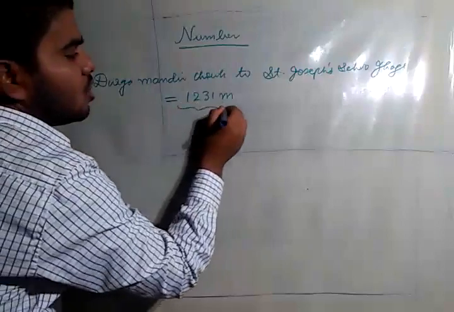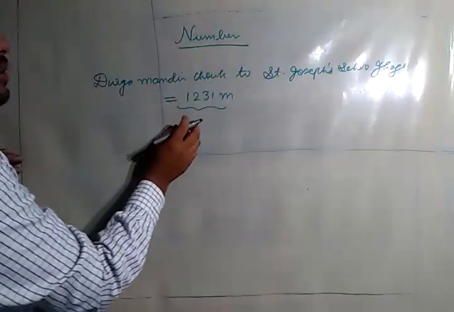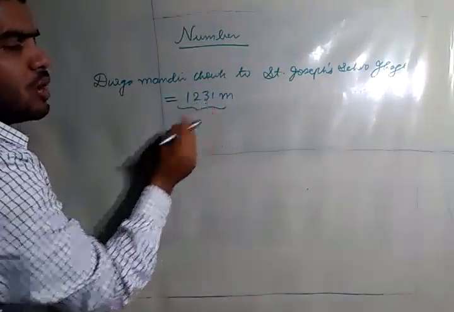Now what are these called? This is a number, that means we can read it as 1231.